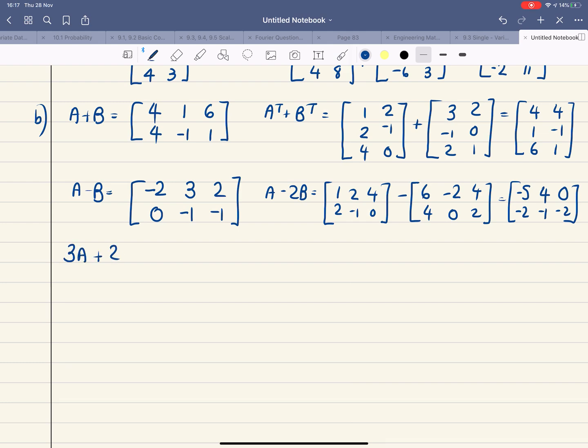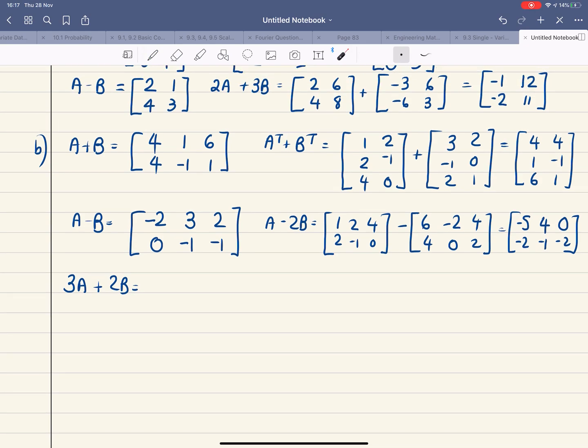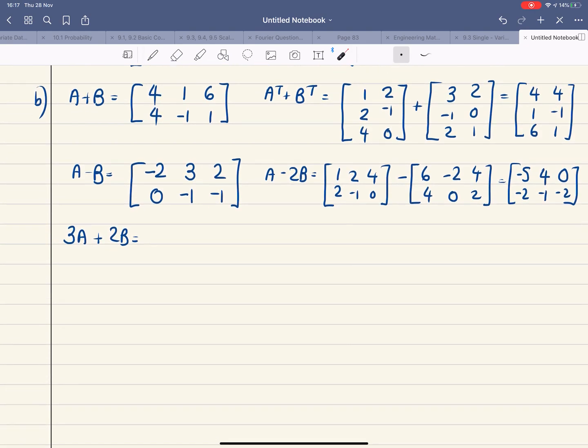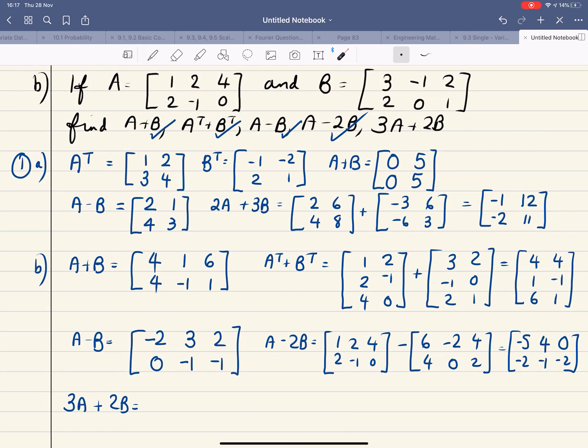3A plus 2B. Well, I guess that's 3A. So it's 3 of this one here, plus 2 of this one here. So that's 3, 6, 6, minus 3, 12, 0.